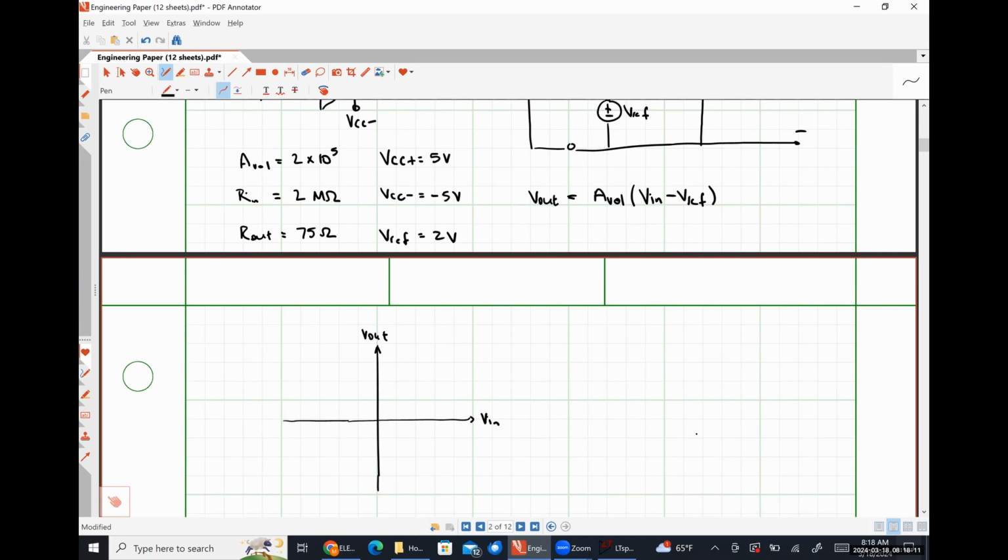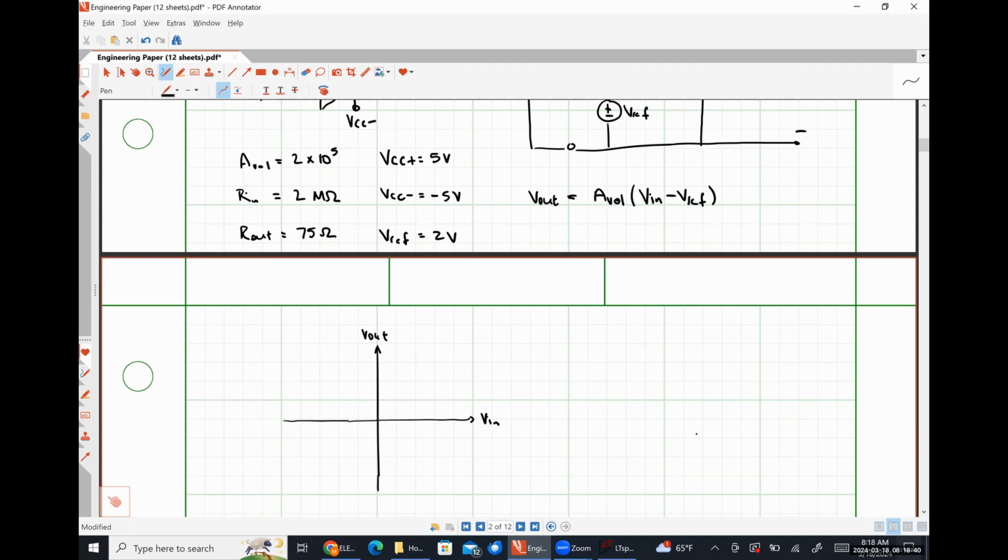We have a mathematical expression right here that we can evaluate, so this should be pretty straightforward, right? So our open loop gain is 200,000. Our input voltage is negative 5. Our reference voltage is 2. So 200,000 times negative 7 is negative 1.4 million volts, if my mental math is correct. Is that voltage more negative than the supply voltage?